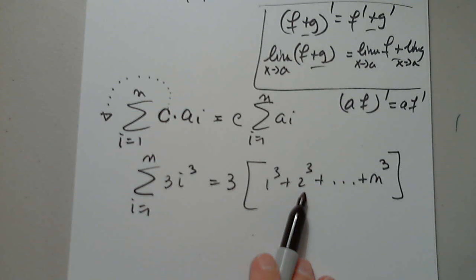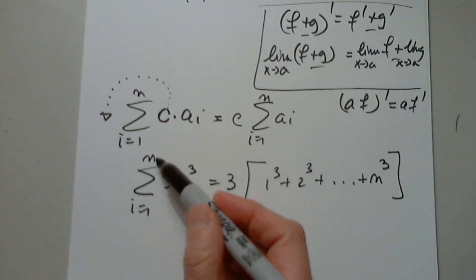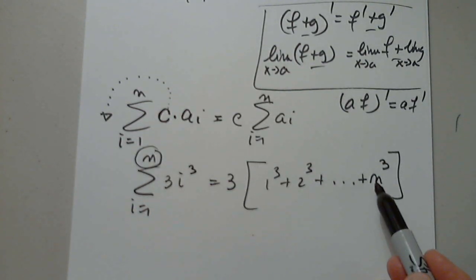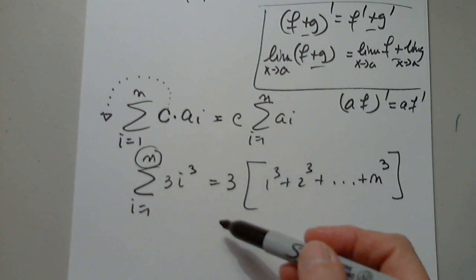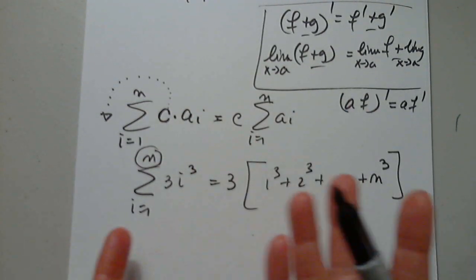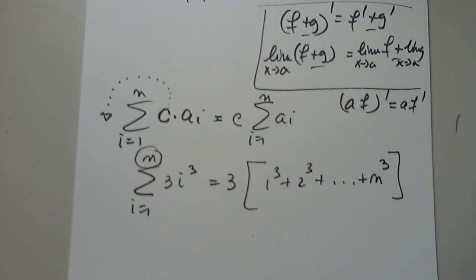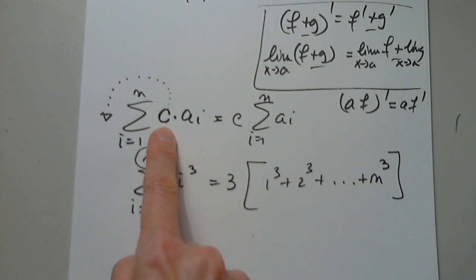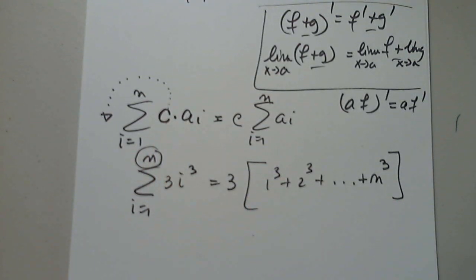When I is 2, I have 2 cubed plus dot, dot, dot, and I have to stop at n. Nobody wants this notation. It's cumbersome, but this is very clear. But that's what it means. So we have to present it so we understand what it means. So again, the sum from 3 I cubed from I equals 1 through n. 3 was a constant, a factor, so I took it out and I wrote this. Any questions?